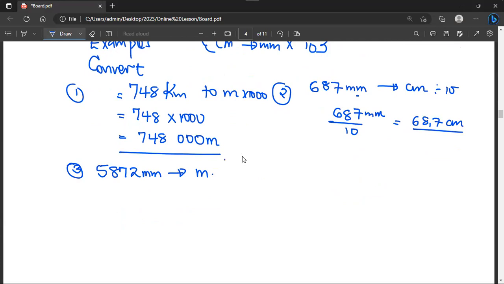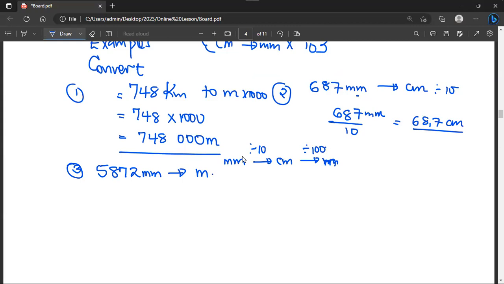You're going to move from millimeters, first to centimeters, afterwards to meters. So from millimeters to centimeters, we divide by 10. Then from centimeters to meters, we shall divide by 100.